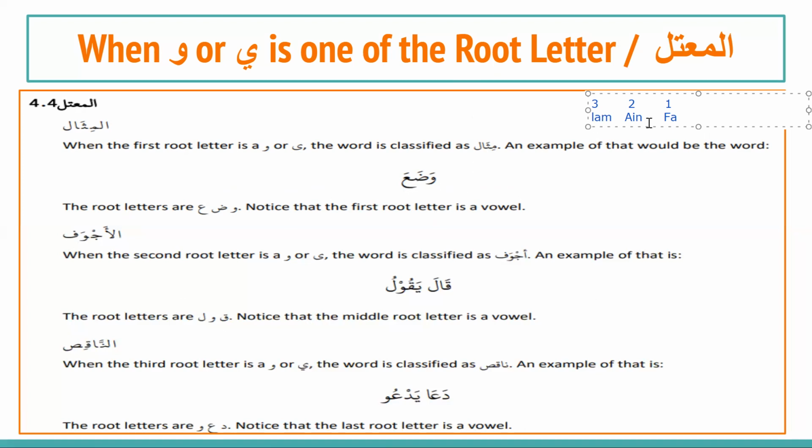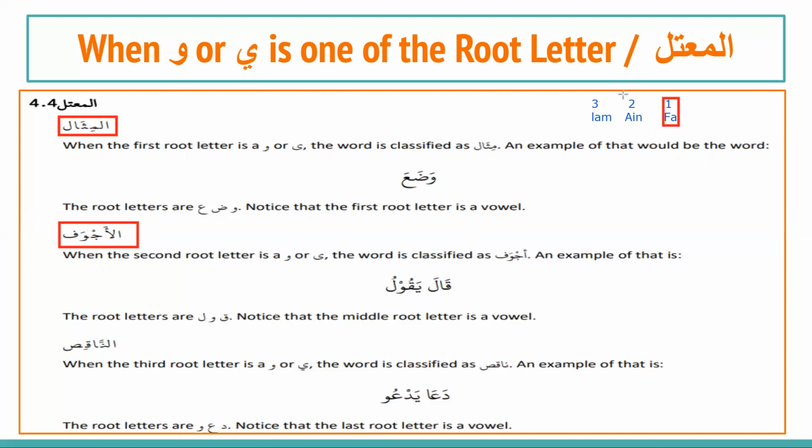Now, if the second kalma or ain kalma is a weak letter, either ya or waw, then we call that ajwaf. Fail mu'attal ajwaf. First is fail mu'attal misal, in which fa kalma is either ya or waw.